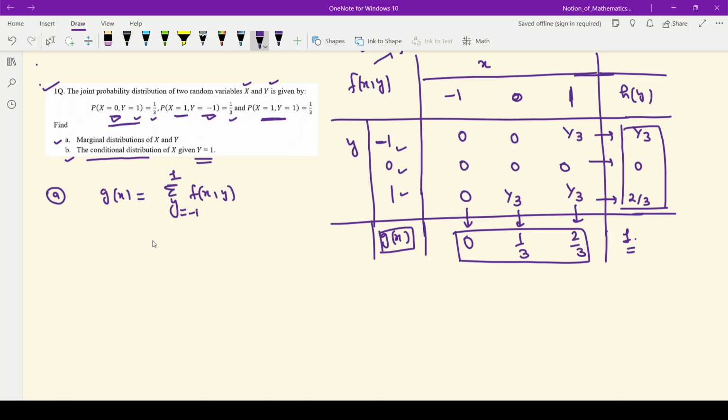So how can I expand it? I can write it as f(x, -1) plus f(x, 0) plus f(x, 1). It is actually g of x, the marginal distribution of x.